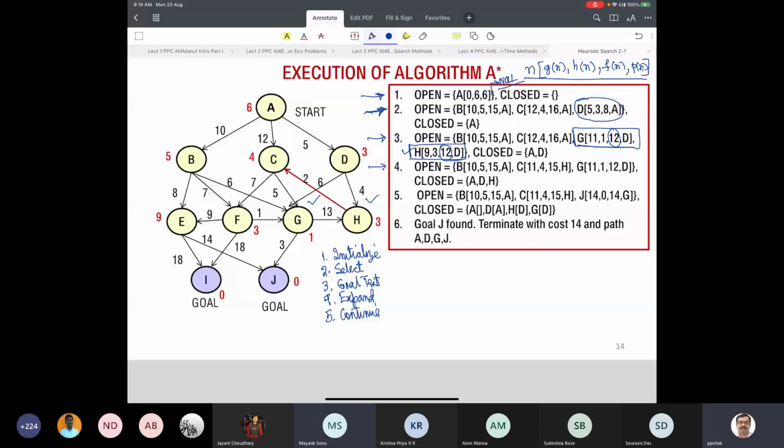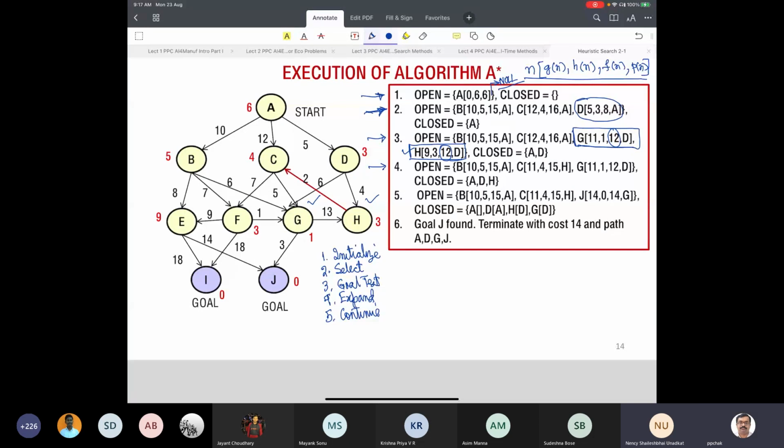Somebody said C. So Nancy, now when H is removed from open, what are the children of H? No one. From H to C there is an arrow, no? Yes. So C is the child of H.